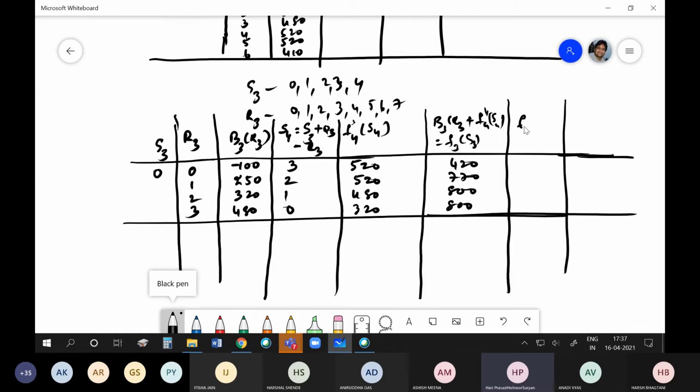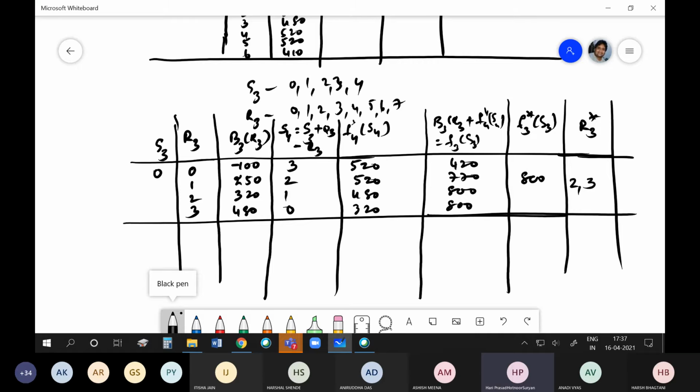Now F3 star of S3 is the maximum of this, which is 800. So what are the possible R3 star? 2 or 3. Either you release 2 or you release 3 units, okay. So you can have a benefit of 800.